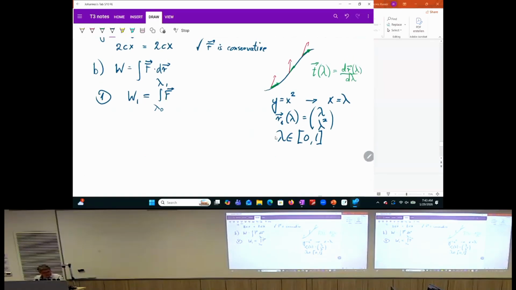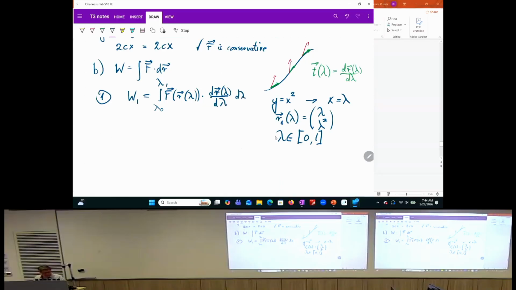So we have the integration here, and we introduce the parameterization of the line, and according to that also the parameterization of the force field. And we bring in the adjusted line element. This is not just dr anymore, but it is dr of lambda derived with respect to lambda, and then here comes the d lambda again.